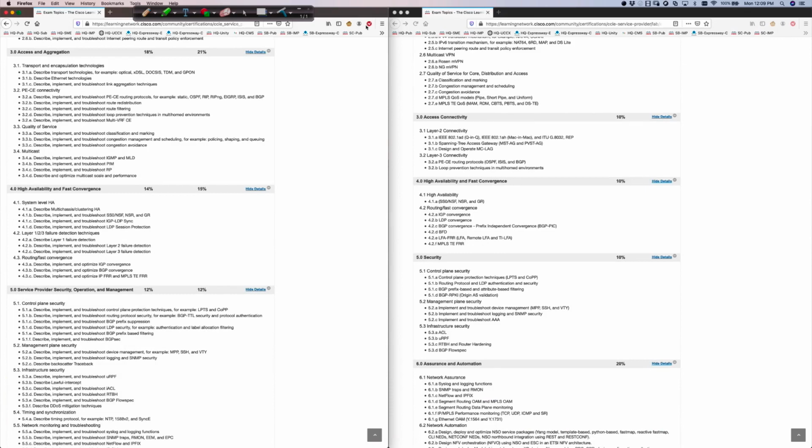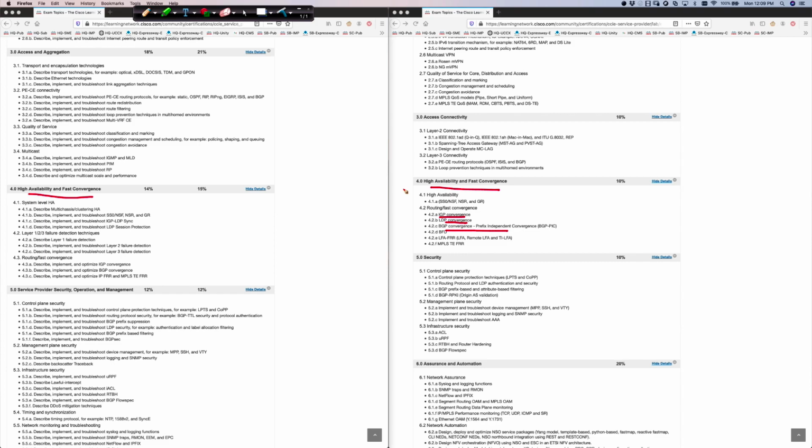If I look at domain number 4, which is high availability and fast convergence, here it's pretty similar to what it was earlier. We still have IGP convergence using OSPF or IS-IS, LDP convergence, BGP convergence, BFD, or fast reroutes. All that is pretty similar to what it was earlier.